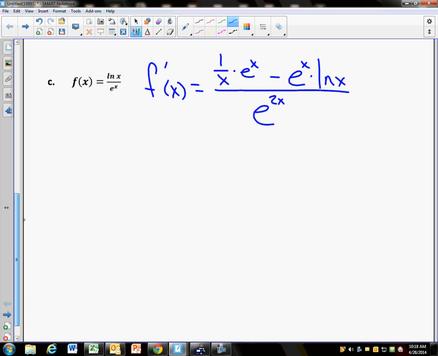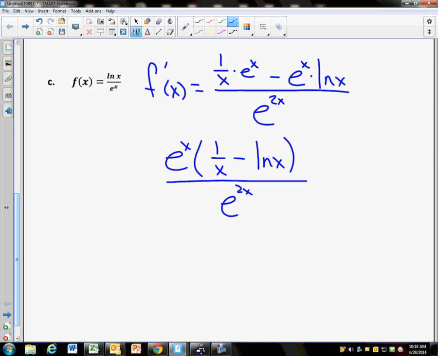What can I factor out of the top? I can factor out e to the x, so I get e to the x times 1 over x minus natural log of x over e to the 2x. What will happen? One of the e to the x's will go away. Can I leave the answer like that?